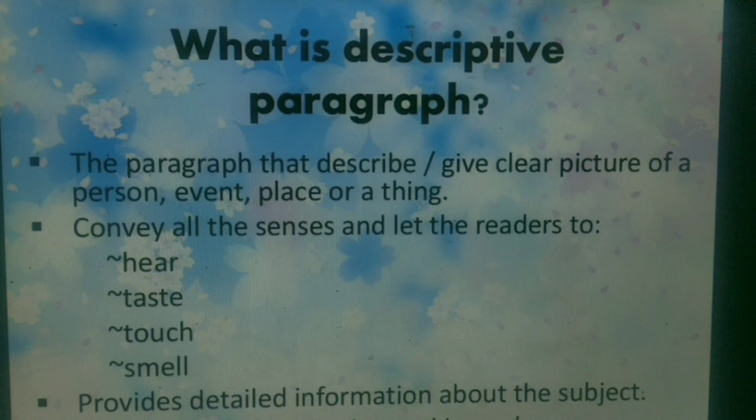So when I describe the beach, you must have felt as if you are on the beach. So it gives a clear picture of a person, event, place, or a thing, and it appeals to our sense organs: hearing, tasting, touching, feeling, smelling. It provides detailed information about the subject.